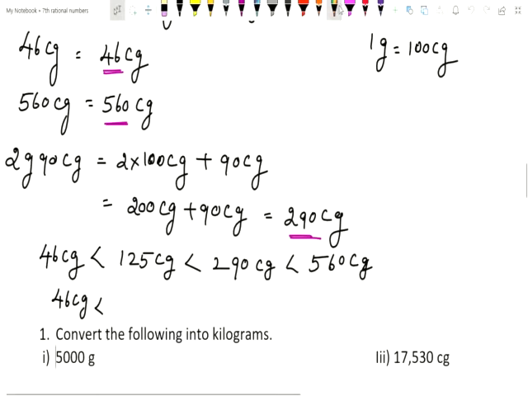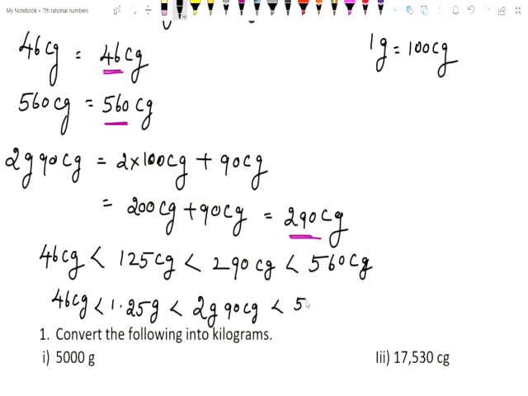So 1.25 gram is less than 290, 2 gram 90 centigram, which is less than 560 centigram. So this is the answer. You understand, children?